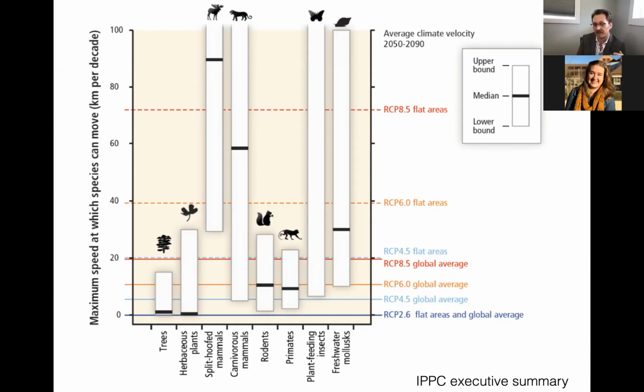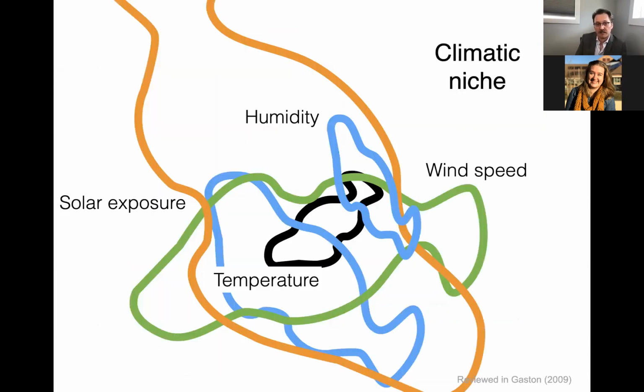So they have high variance. So there's a lot of questions about whether they'll be able to track it or not. But things like trees, it's pretty obvious that they're not going to come close to tracking their climate under most of the projected climate projections. So let's talk about this a little bit, on how this model builds up, and then what we might be able to do about it.